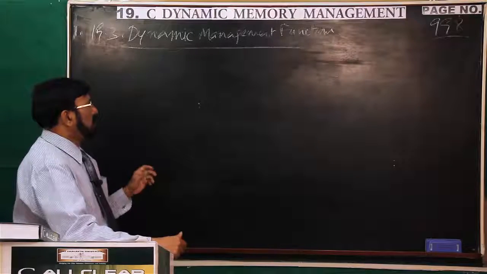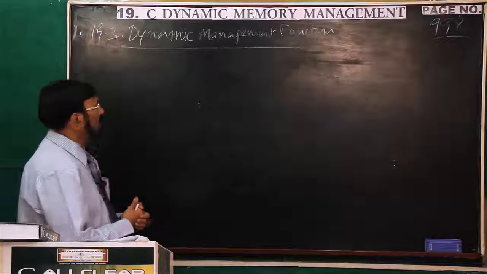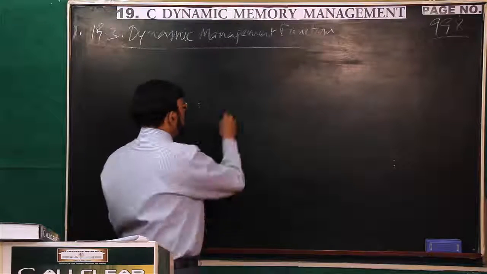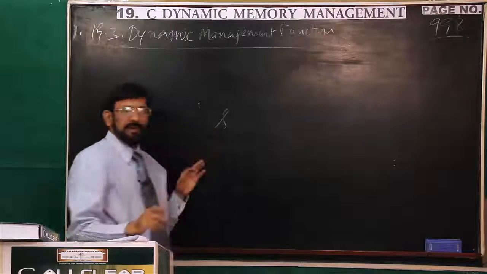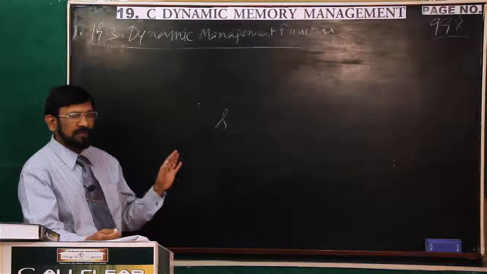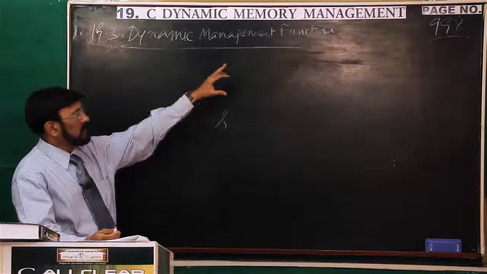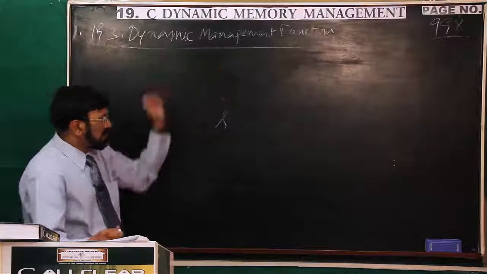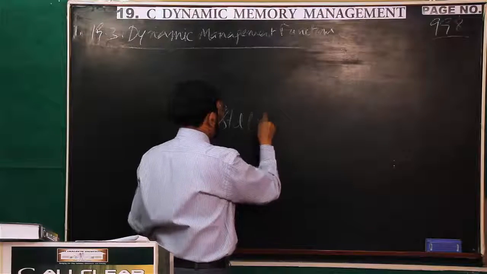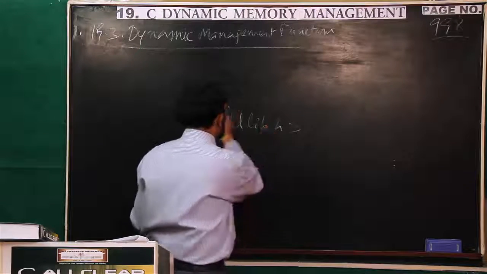Now, let us come to the subject. These are dynamic management functions. Actually, these are not part of the C language itself. The C language standard library provides one header file, stdlib.h.